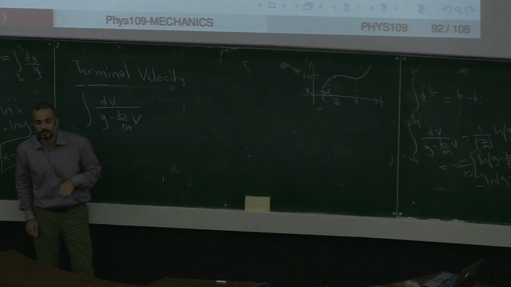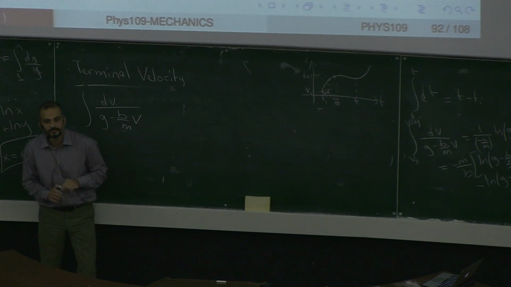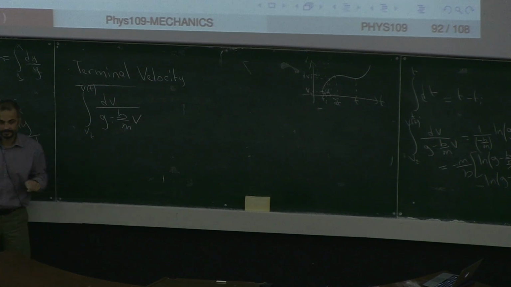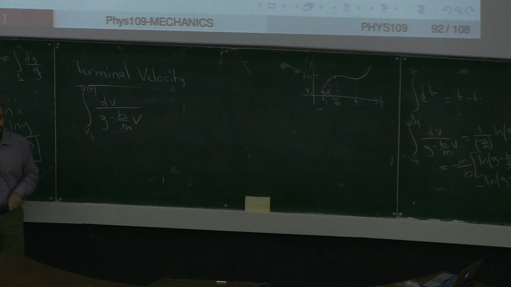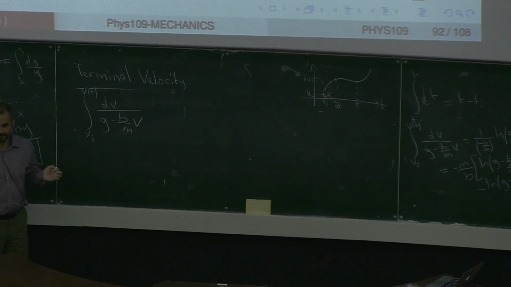So this is the integral we would like to calculate, from the initial velocity to the velocity at time t. I first make a change of variables.